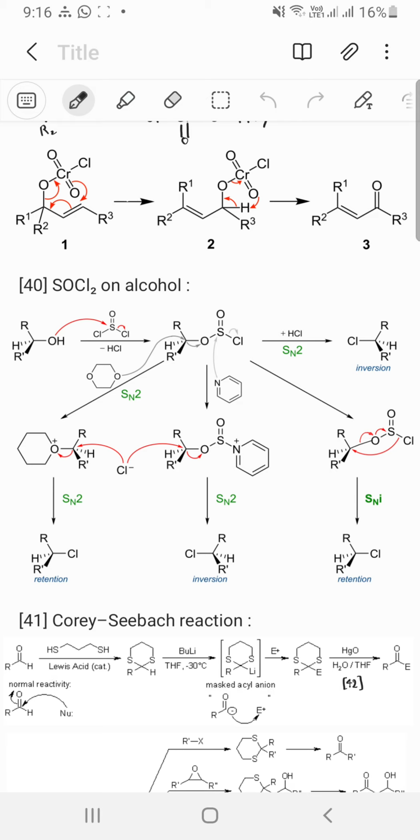Wow, weird. Okay, fine. So it does that in a single concerted step and it creates an product which has retention.